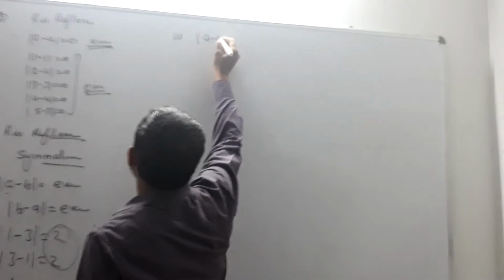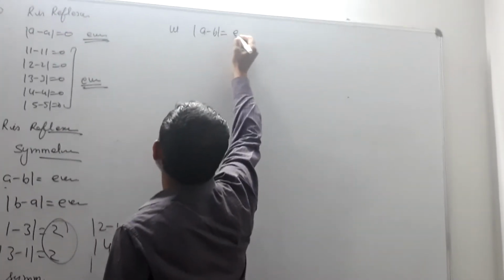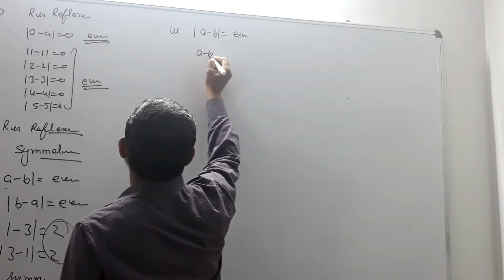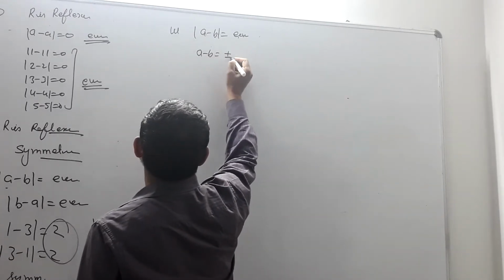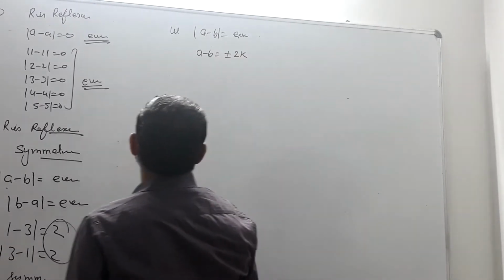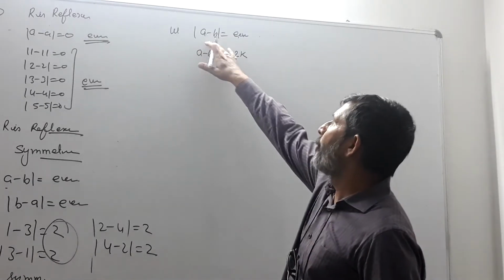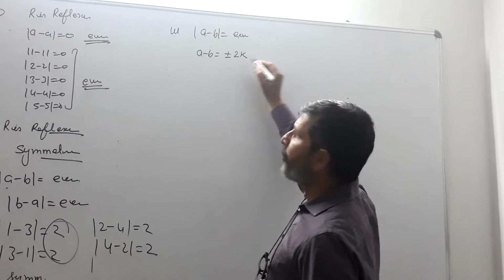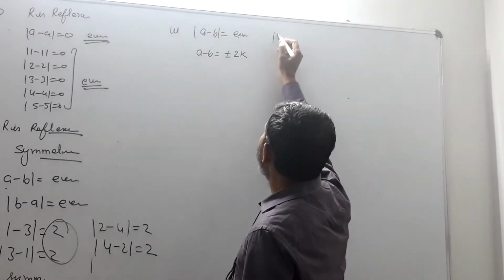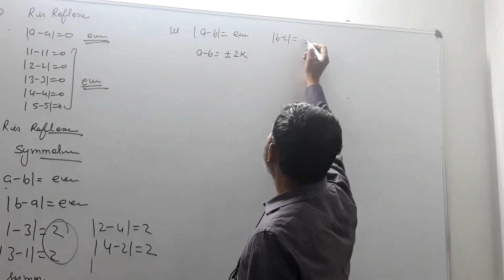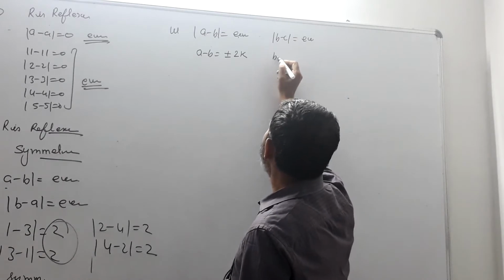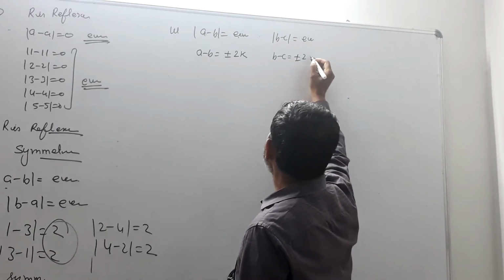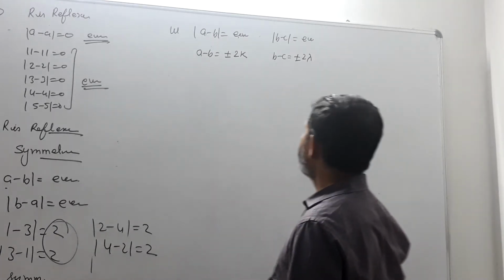Let A minus B be an even number, therefore A minus B equals plus or minus 2 times K. Because if we remove the modulus, we take 2 times a multiple number. Similarly, mod B minus C is also an even number, then B minus C equals plus or minus 2 times lambda.